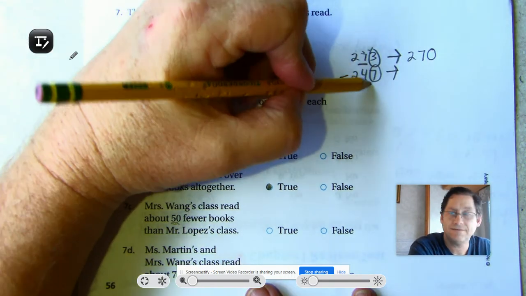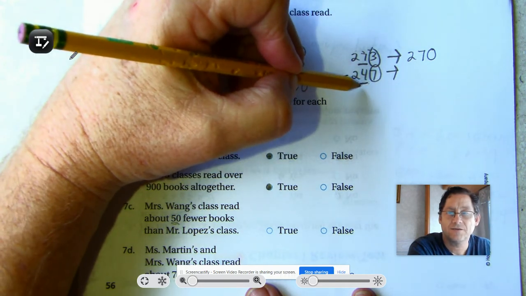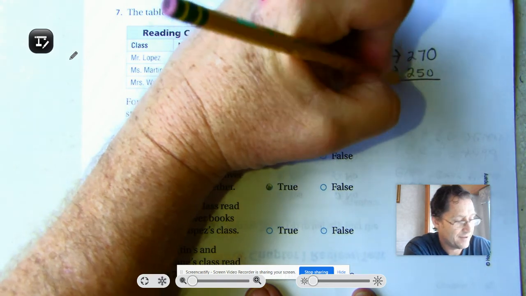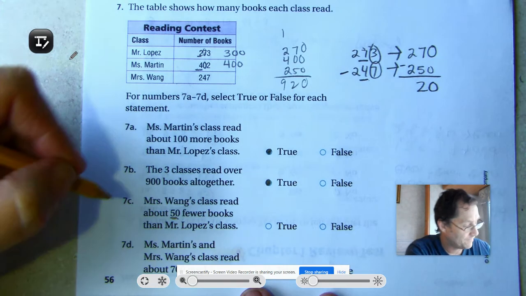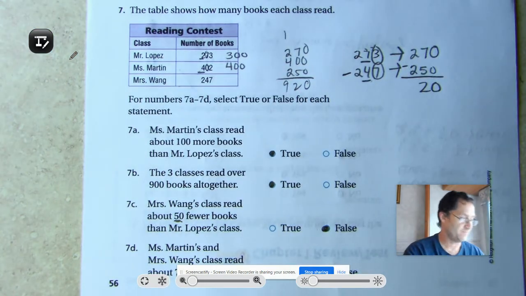In 247, the 7 ones is greater than 5, so I'm going to change the 4 tens to 5 tens. When I subtract, I get about 20. So I would say no. Her class didn't read about 50 fewer books. They read about 20 fewer books.